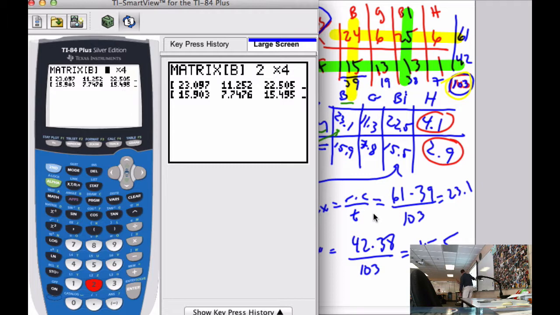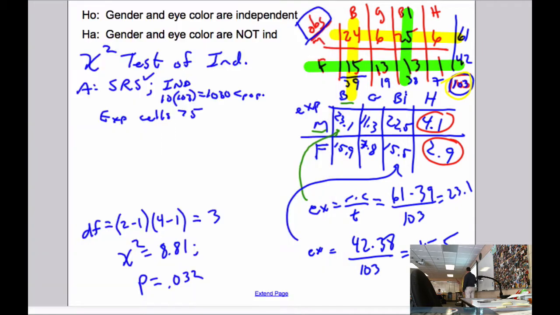They've done this whole thing right here for us, so you don't have to. It's weird though, because you got to put your data in the observed matrix, then do the chi-squared, then go back to matrix B and edit it to find what those numbers are. But they do it for you, so it saves you a lot of time. I mean, this would be a pain, right? So then that's where all of these numbers came from.